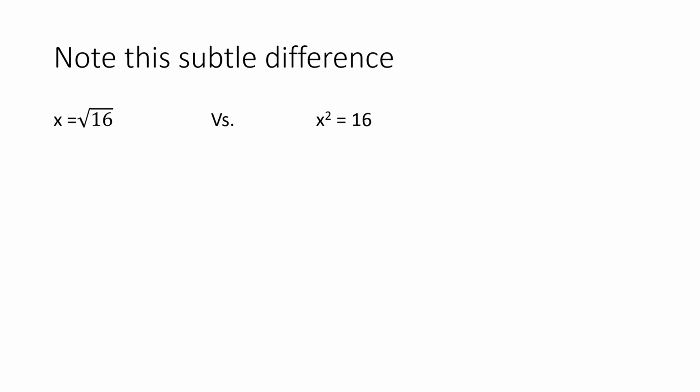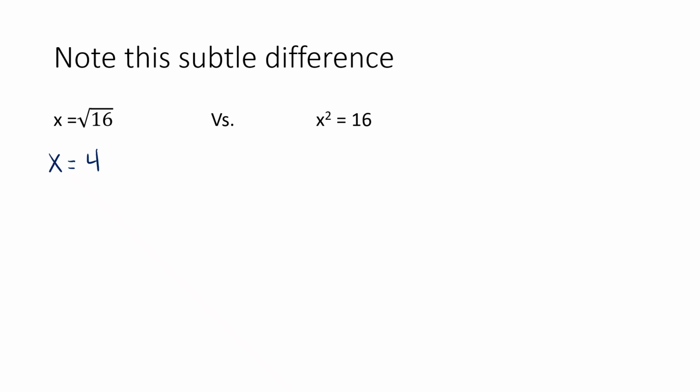Now, I want you to note this subtle difference. This is something that bothered me a lot when I was in school. If you are presented with the equation x is equal to the square root of 16, you assume the positive answer. So you assume that x is equal to 4, not negative 4. That is an assumption about taking the square root of something, that we always default to the positive.